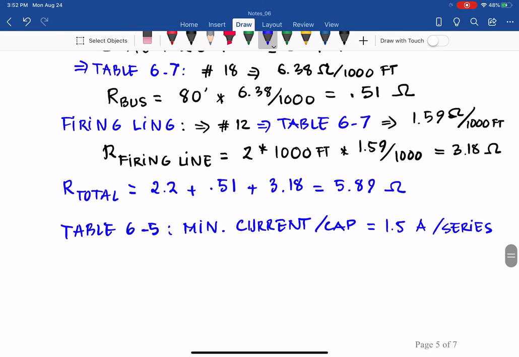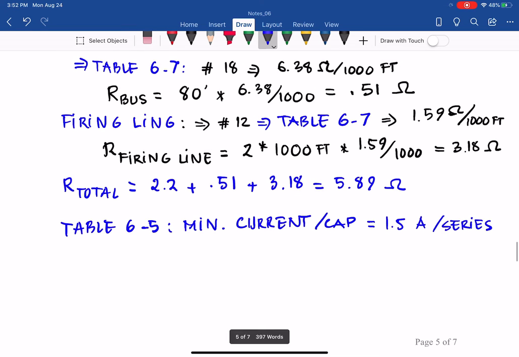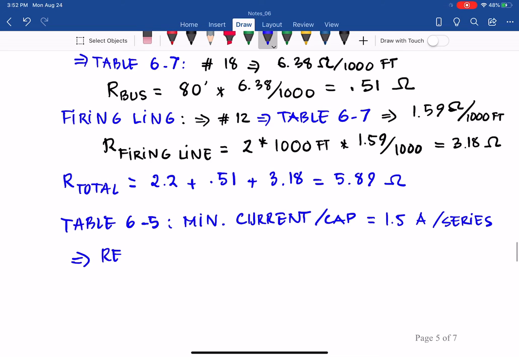So from that we can determine the required current in the firing line.